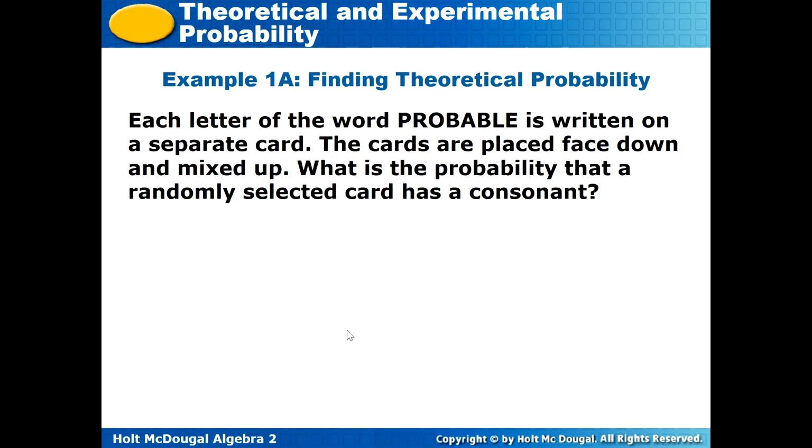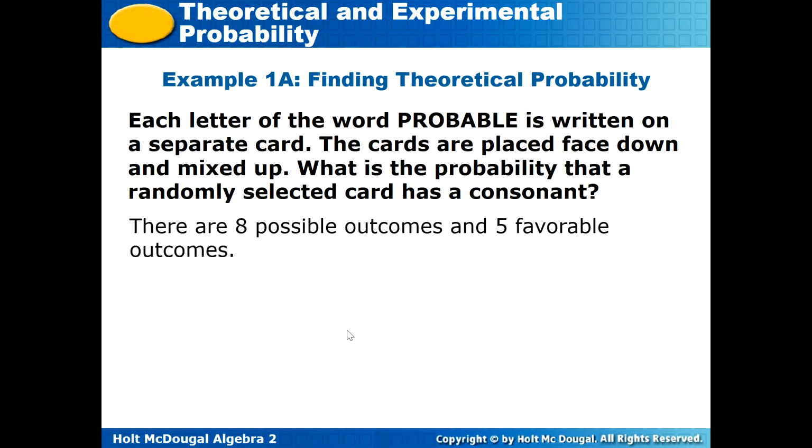So for example, each letter of the word probable is written on a separate card. The cards are placed face down and mixed up. What is the probability that a randomly selected card has a consonant? So here's how you would do this. First off, how many total letters are there? There are 8 possible outcomes.